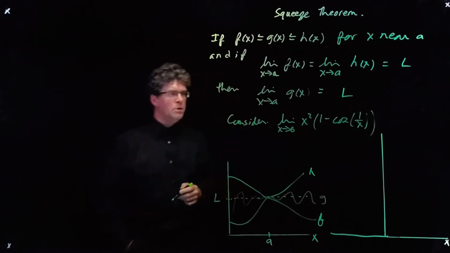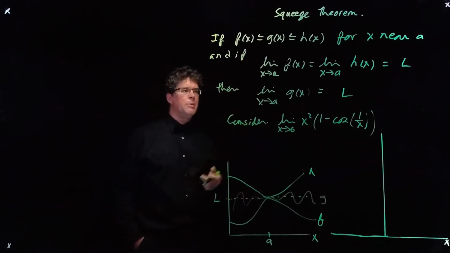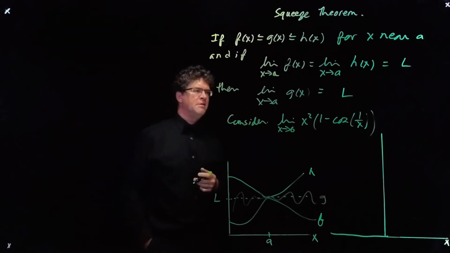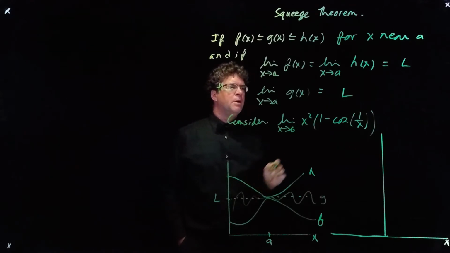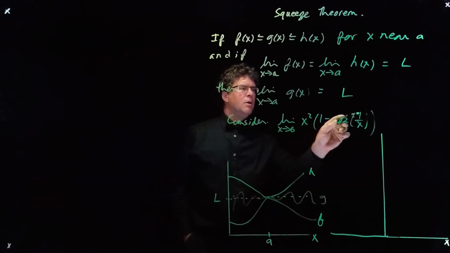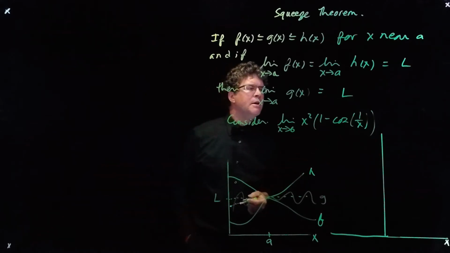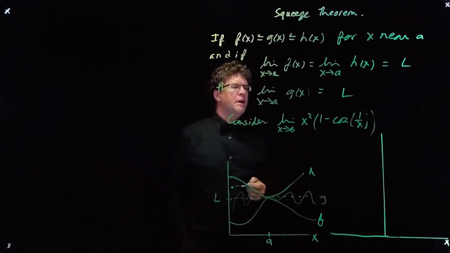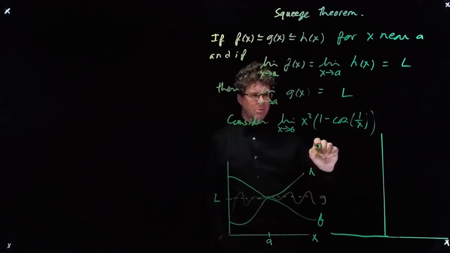Okay, so to start with, you could say, well, if I'm going to compute a limit, why don't I just plug in x equals 0, and we'll get a 0 for x squared. But then 1 over 0 is not defined, and so we can't evaluate the cosine function. In reality, this function looks something like this.